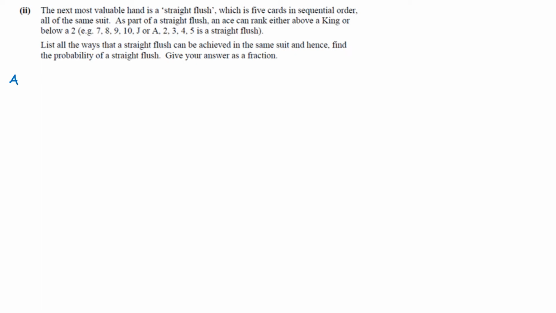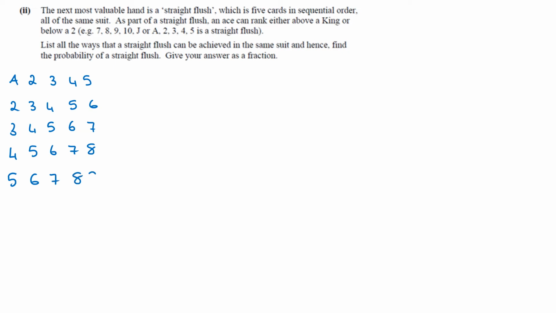You could get an ace, a 2, a 3, a 4, and a 5. You could get a 2, a 3, a 4, a 5, and a 6. You could get a 3, a 4, a 5, a 6, a 7. You could get a 4, a 5, a 6, a 7, and an 8. Get a 5, a 6, a 7, an 8, and a 9. 6, 7, 8, 9, and a 10.